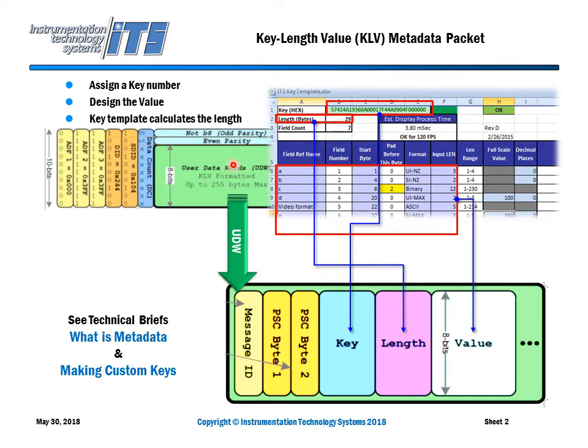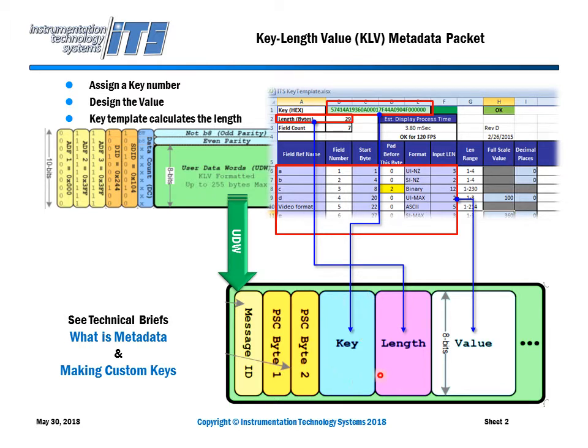The user data word contains the KLV packet itself, which is structured with 3 bytes that are a PSC and a message ID to help you identify individual messages in the packet, in the line, and also to identify pieces of a total message that is comprised of several packets.